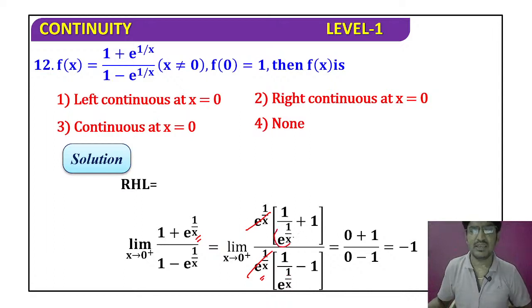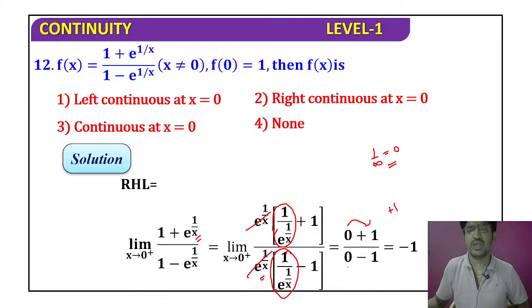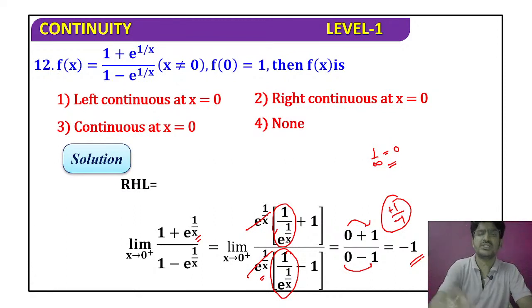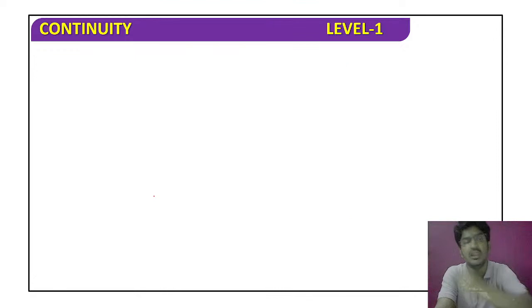You can see that this term becomes 0, because they are in the form of 1 by infinity, and we know that 1 by infinity is 0. So 0 plus 1 will be plus 1, 0 minus 1 will be minus 1, and plus 1 divided by minus 1 is minus 1. So it is going to be minus 1 for RHL.